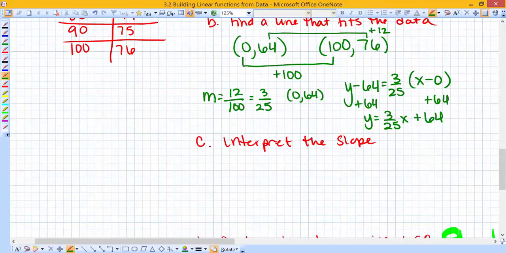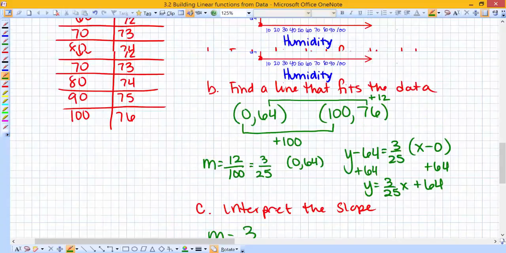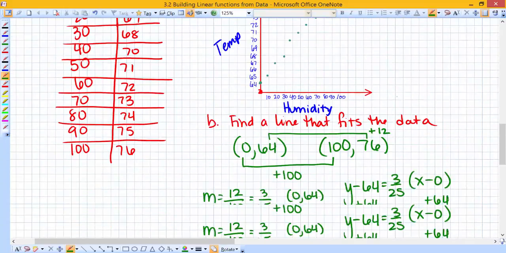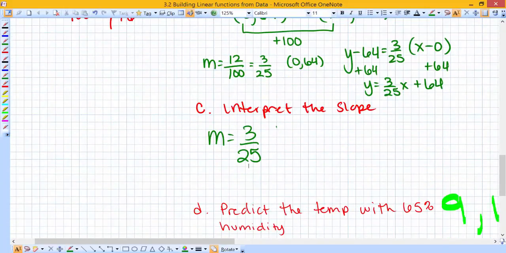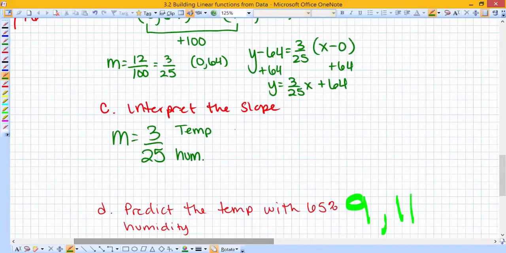Now when you're interpreting the slope, your slope is 3 over 25. Well, y is the temperature. X is the humidity. This is my temp. This is my humidity. So to interpret this, it's a sentence.